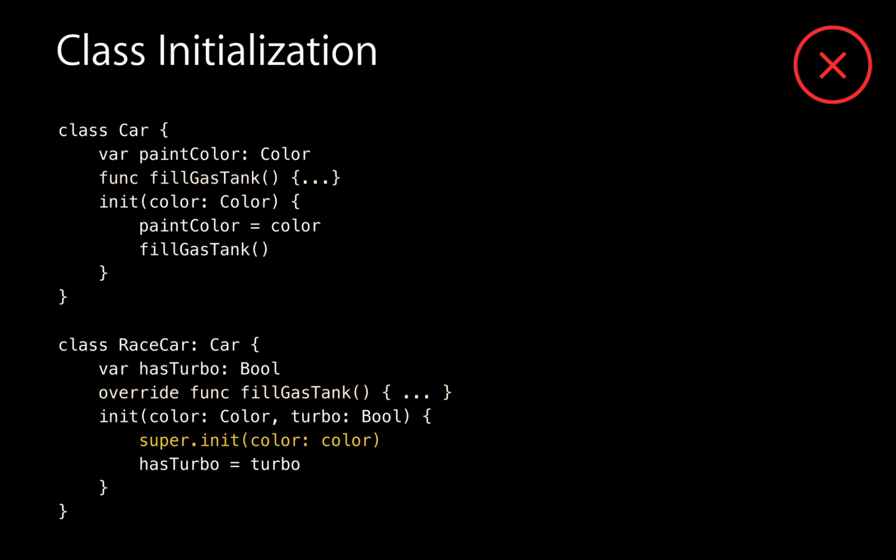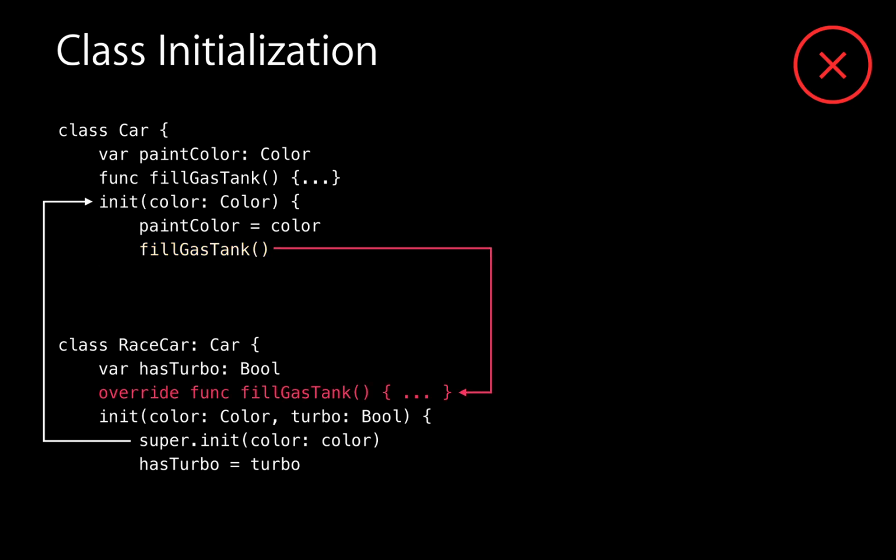So when we create a new race car and its initializer is called, it first calls its superclass initializer, which then sets its paint color property, and finally calls its fill gas tank method. But because we've overridden it in our subclass, it gets dynamically dispatched to the subclass's version of that same method. And that's where we have a problem.